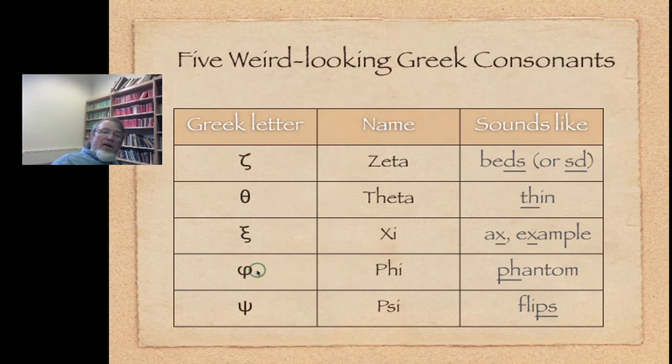It probably was originally pronounced as a P with air let out around it. But by the same logic as most of us pronounce the theta as th instead of t, so also we pronounce the phi f instead of p.